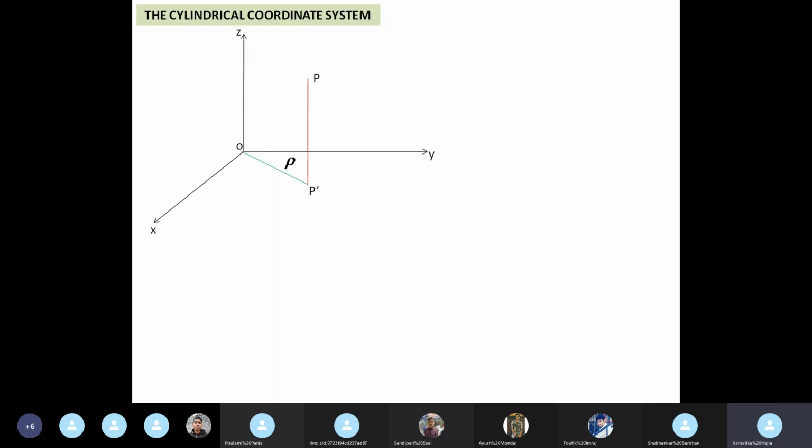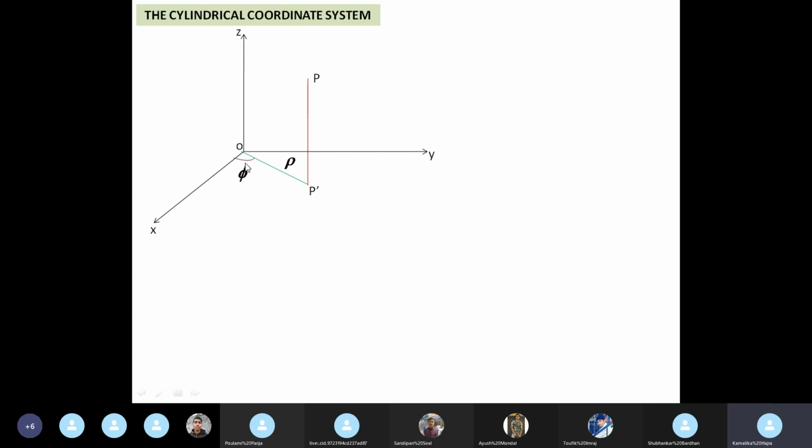So the point in question for which we are setting up the coordinates is this P. Okay, but our first coordinate is this. We drop from P a perpendicular onto the xy plane at P prime, and then we join origin with P prime, and that distance, that line segment OP prime, is denoted by rho and is our first coordinate.